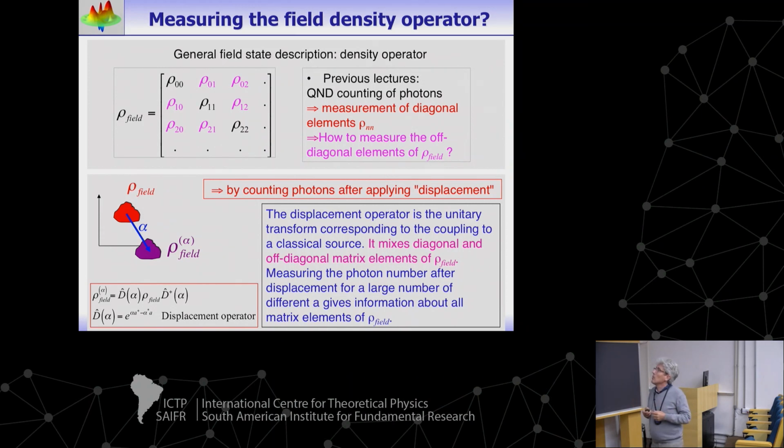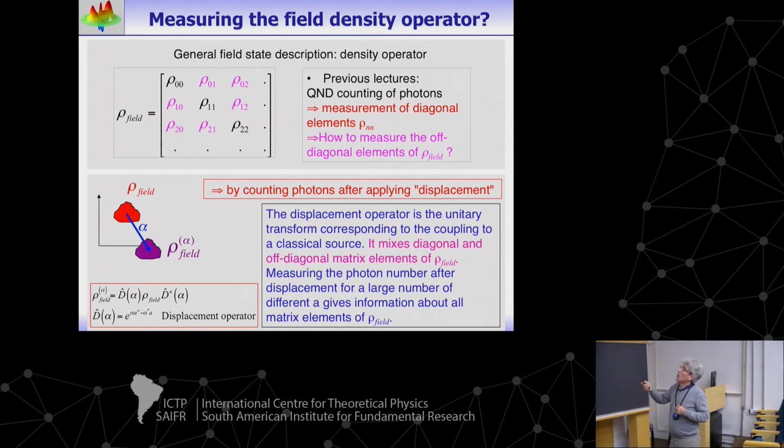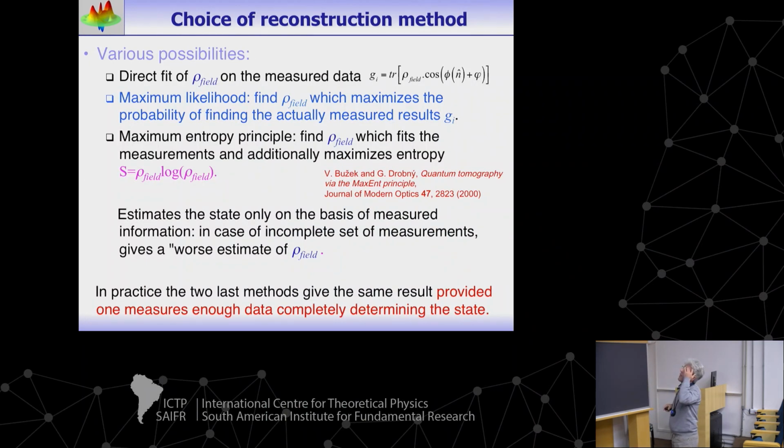And then the characterization of the field relies on measuring, by quantum non-demolition photon counting, the state after many different displacements with many different amplitudes, which corresponds to measuring many different non-commuting observables, giving different information about the density operator. And in the end, we reconstruct the density operator from that.